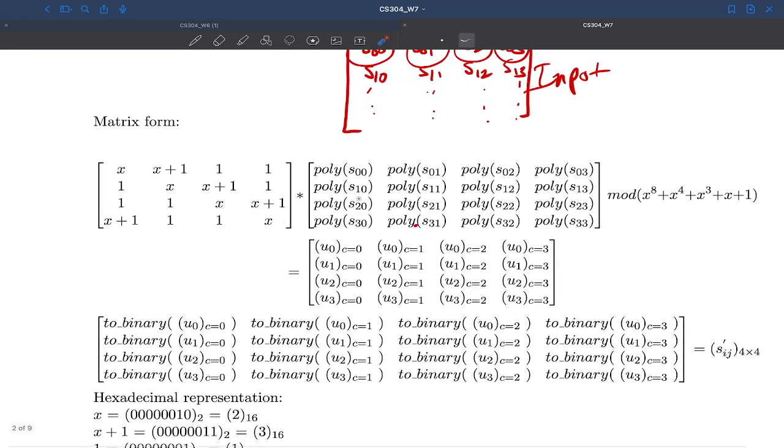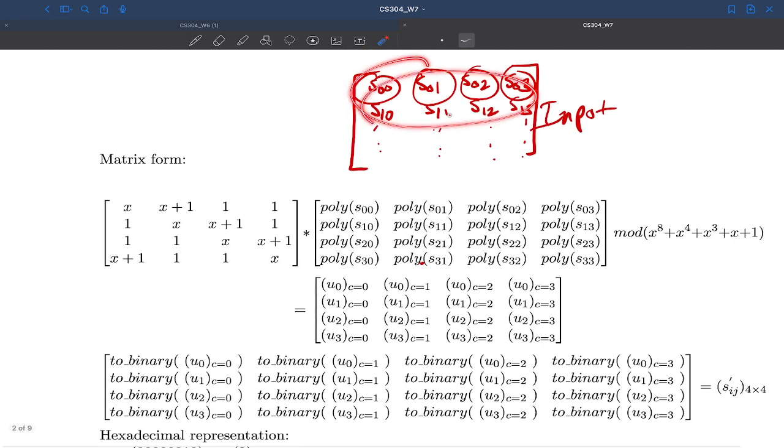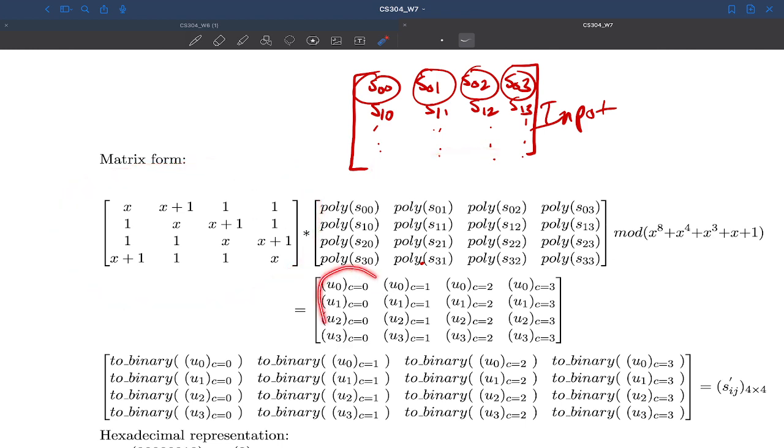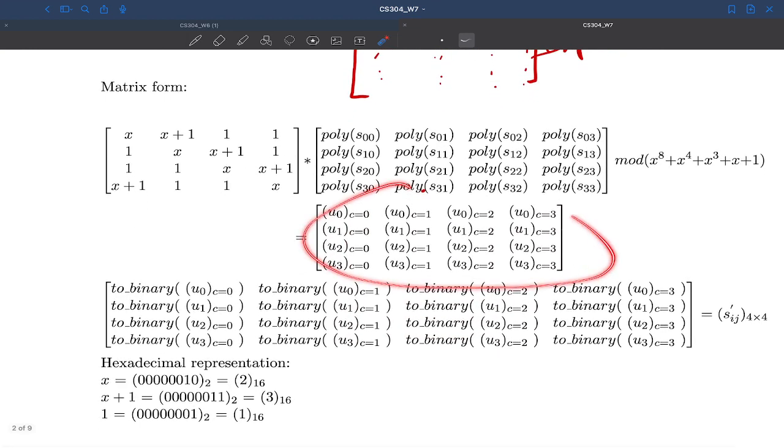So we transform our input to polynomials. We multiplied that polynomial with this matrix. We got the transformed polynomials, and now we convert these polynomials back to binary. So I applied two binary functions so that these polynomials get converted to binary. So this is the final output.